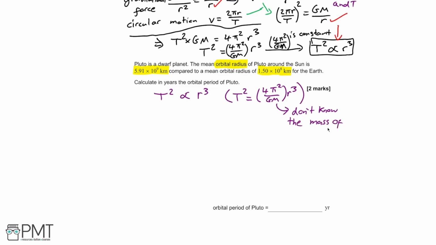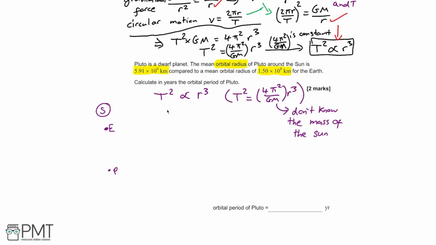Remember that big M represents the mass of the object that the satellite is orbiting. So in this case, we have the Sun, with both Earth and Pluto orbiting. So that's going to be a problem. However, we know that T squared is proportional to r cubed, so that if I know data about two different planets, then I can use what I know from the orbit of one planet to predict what will happen to the orbit of the second one.